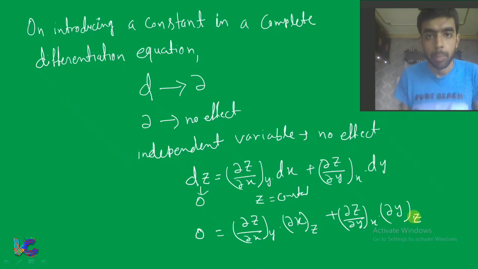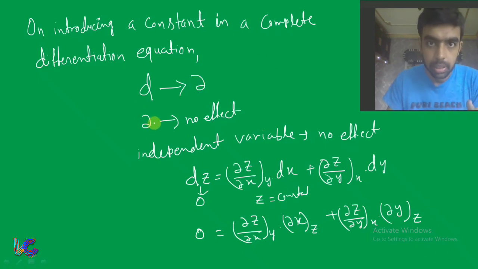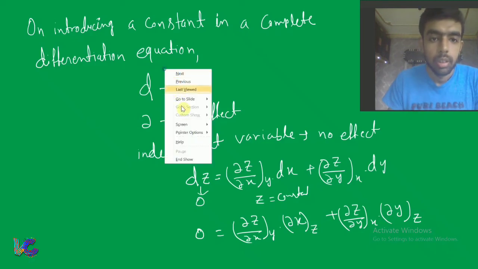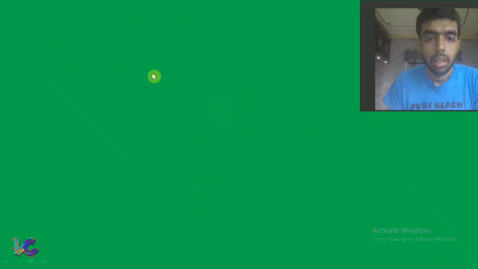So the complete differentiation d becomes partial differentiation del, with no effect on the partial differentiation or the independent variable. Now we will use this.